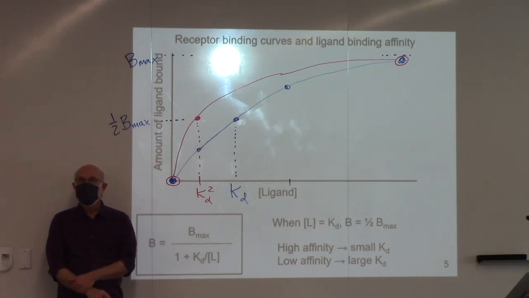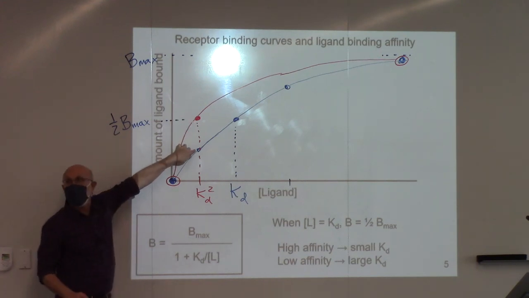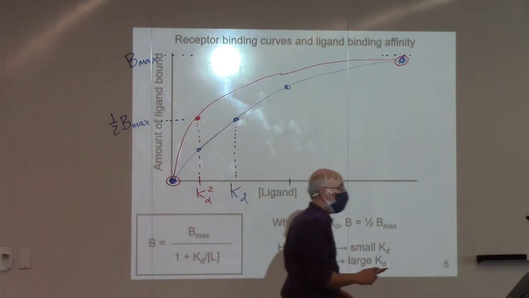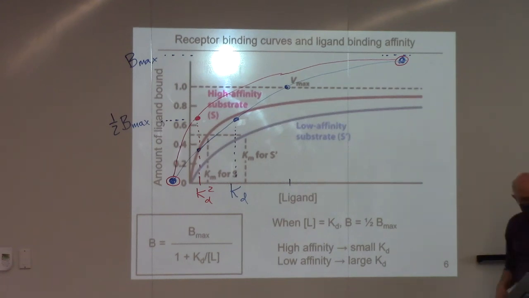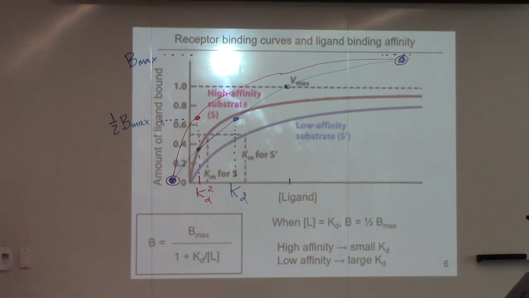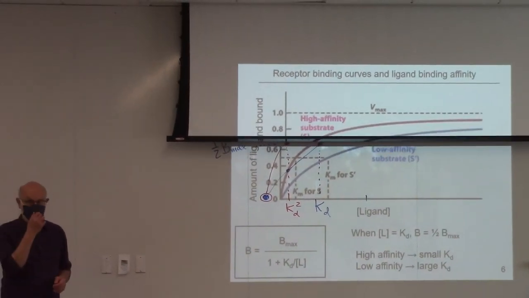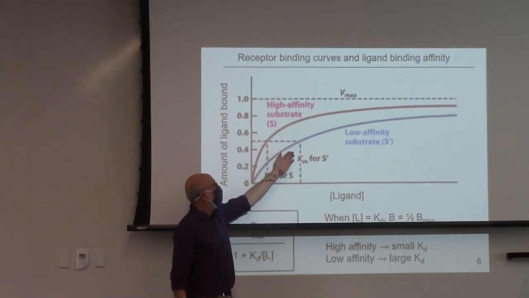More is bound, at a given concentration, to the red receptor than to the blue receptor. Okay, so you should have on your page a curve that looks something like this. High affinity, low affinity.